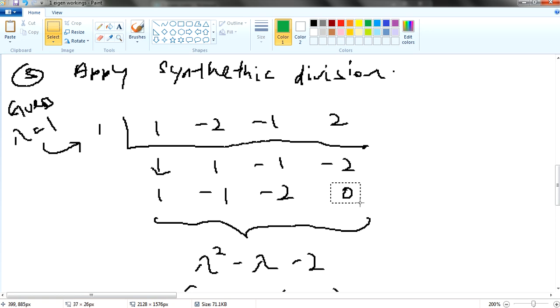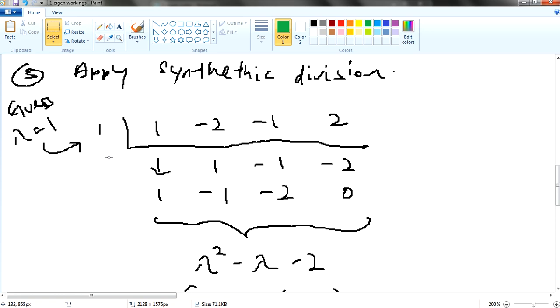Make sure that this portion equals 0. You don't want any remainder. If you have a remainder in this case, then something is wrong.